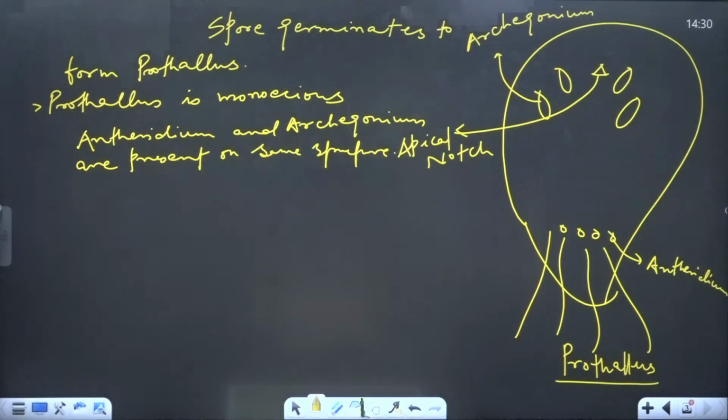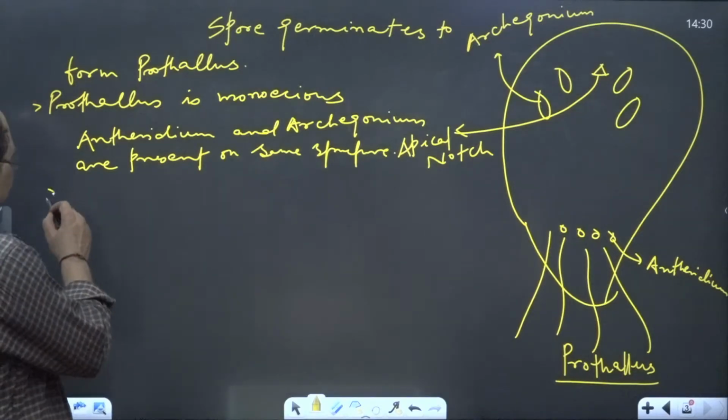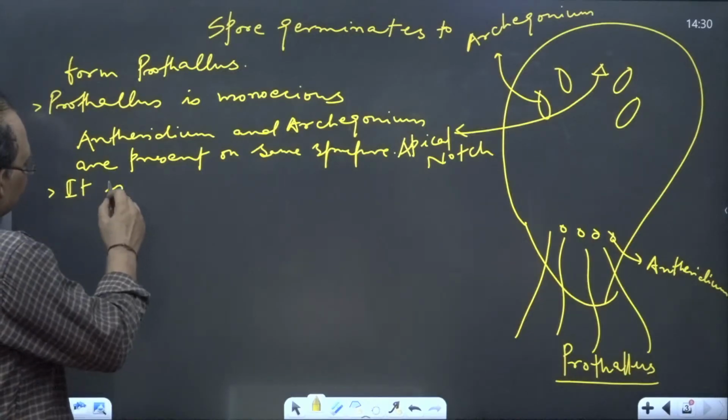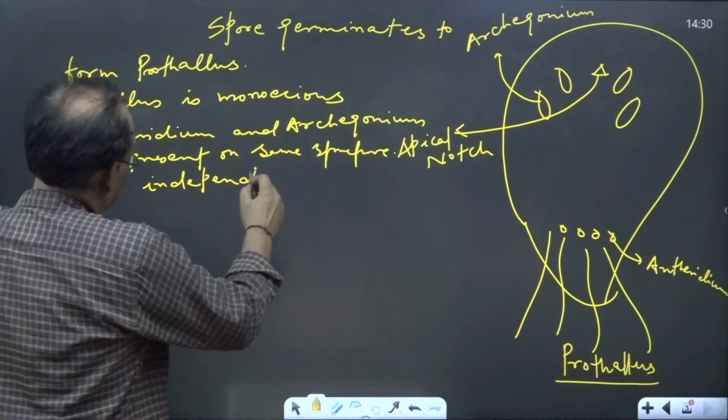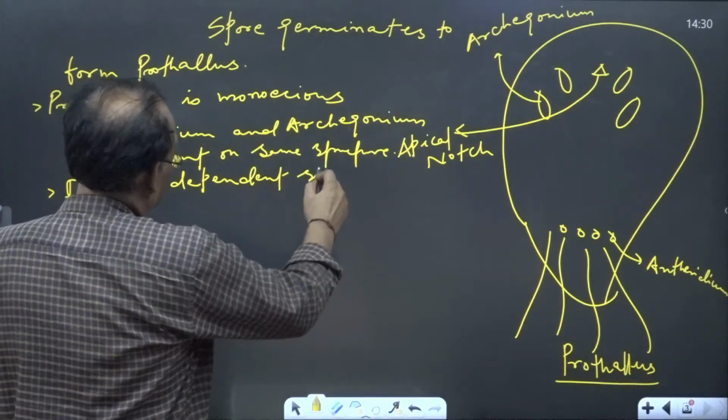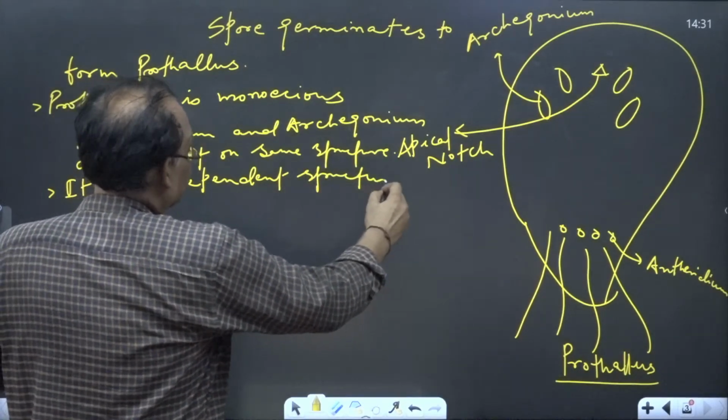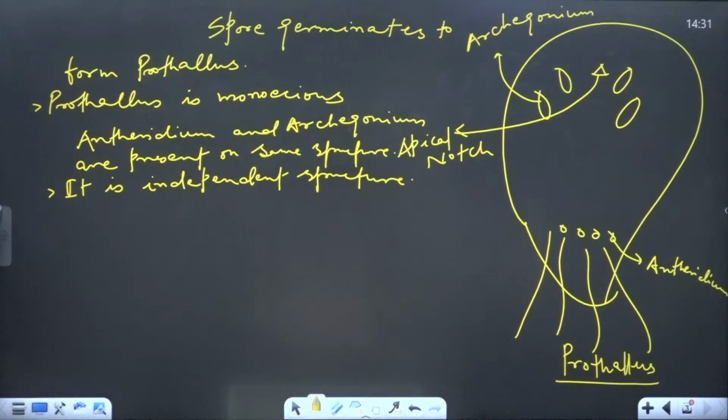That's why it is called monoecious, and it is an independent structure. It is not dependent on the sporophyte, right?